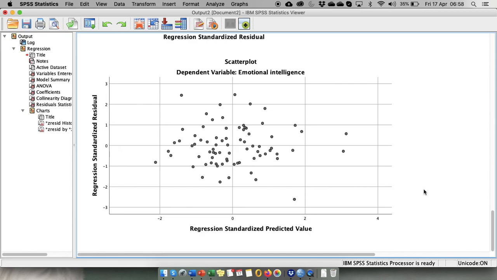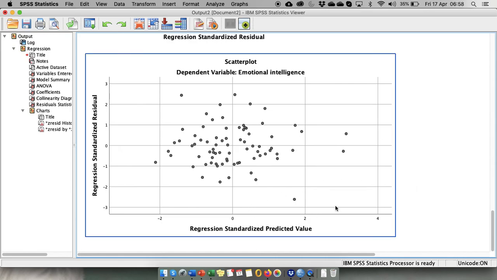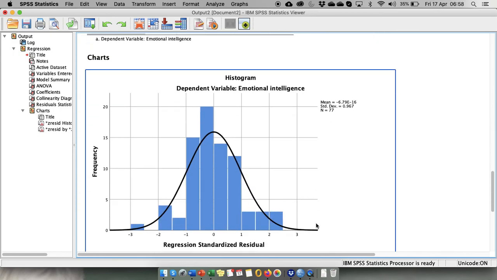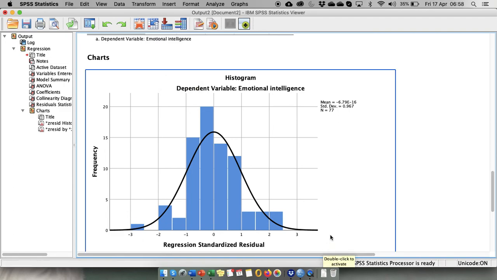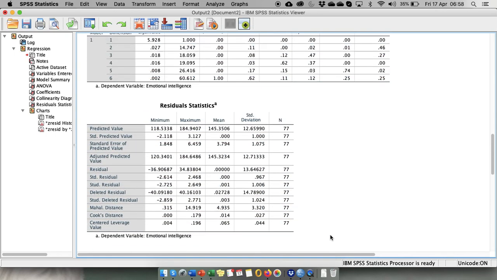Just to recap, the most important values you need to report in relation to assumptions. Looking at this plot, you report homoscedasticity. Looking at this plot, you can conclude the distribution of errors, and if it is normal, your assumption is met.